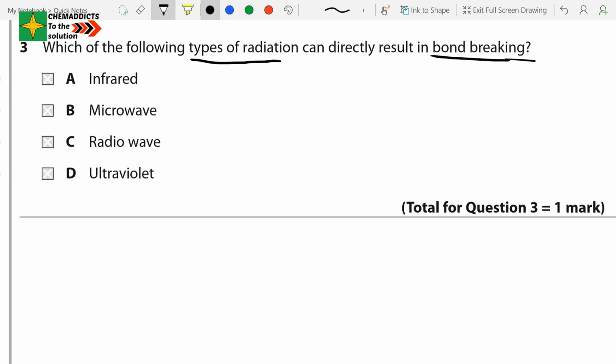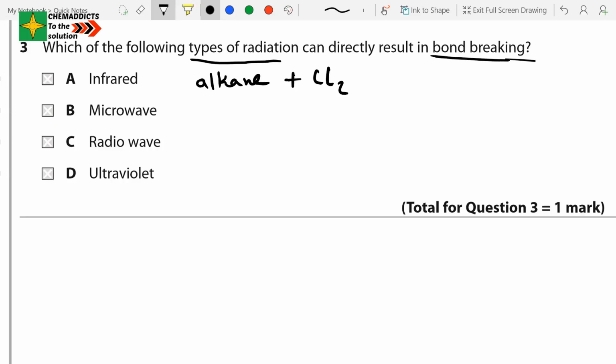That is the free radical substitution reaction of alkane. Let me write this down here: the reaction between alkane and chlorine. Here we need a radiation, UV radiation.